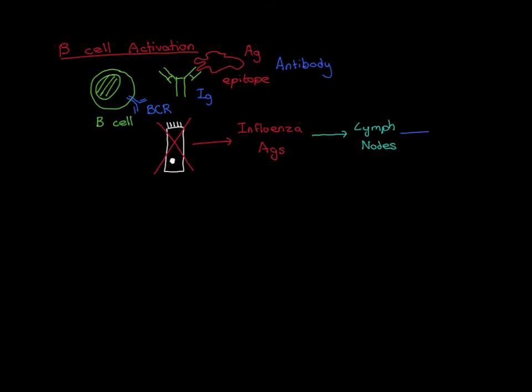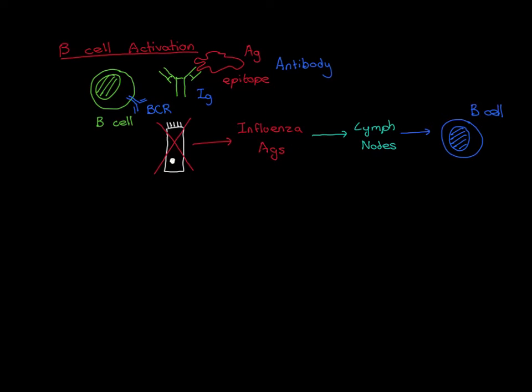So what's now going to happen is here we have our B cell, like so, again, the spherical cell with the large nucleus, and this is going to be a B cell with a design of immunoglobulin that can bind to one of the epitopes of an influenza viral antigen. And again, remember there are loads of these antigen molecules coming to these lymph nodes.